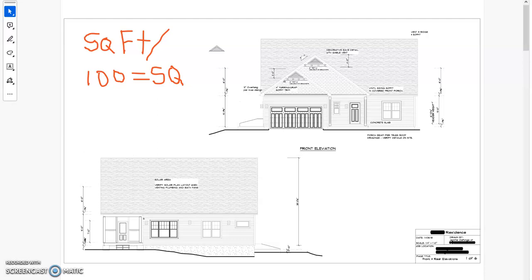So once we've gotten our square count, we would then multiply by a number based on labor and material. And for our roofing number, it's actually $450 per square. Siding, I've seen it go all the way up to $1,000, over $1,000 recently in the past year.